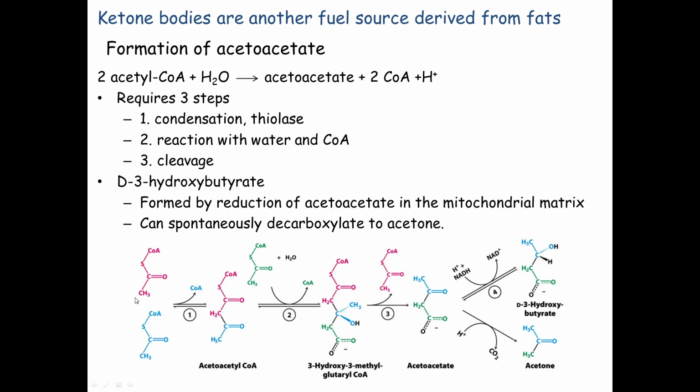So I make a new carbon-carbon bond, the red methyl group, which is now a CH2, to the blue carbon of the carbonyl, and I break the carbon-sulfur bond, which was already very labile in the first place. And you see the CoA leaves. And of course, it's just written as CoA, but that also represents the sulfur going with it. It's CoA-SH if you want to write it out. So now I have 4 carbons in a row, and that's called aceto-acetyl-CoA. It's an acetyl-CoA with an acetate group on it.